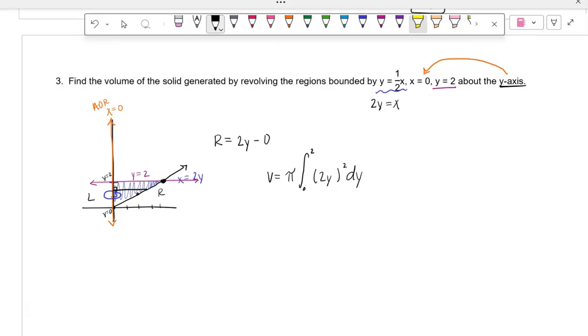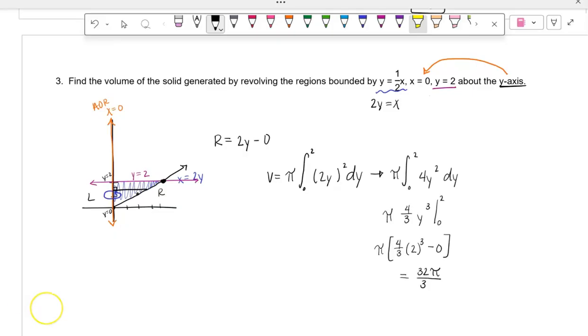And then we can go ahead and anti-derive this and find our answers by inserting the 0 to 2. Please make sure that you are using your exponent rules. So 2y, the entire quantity squared, gets you 4y squared. Add and divide, 4/3 y cubed with the pi in front. Don't forget to bring down the pi. Insert the 2, insert the 0. So you've got 2 cubed, 8 times 4, 32. Pi goes on top, divided by 3.